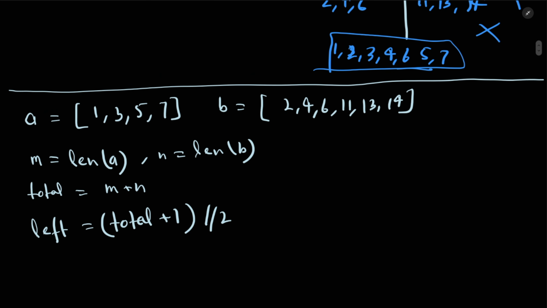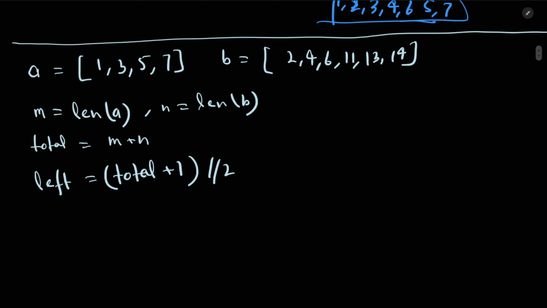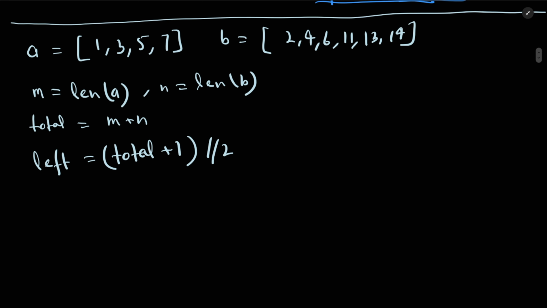Let me calculate the mid. I will be running a loop, and in the loop, to calculate the mid, let's say I have low, which is 0, and high, which is the length of A, and this is 4. Let me also write the code here: while low is less than or equal to high.